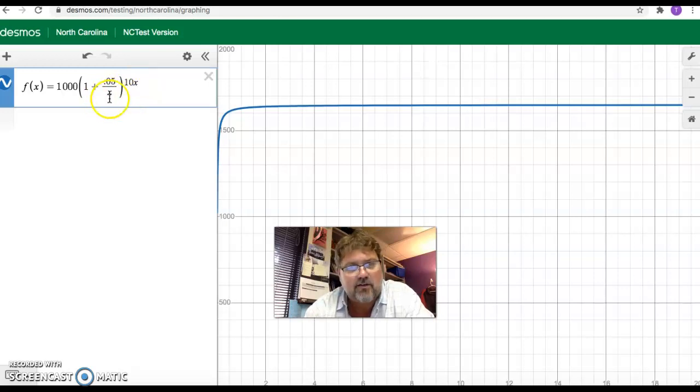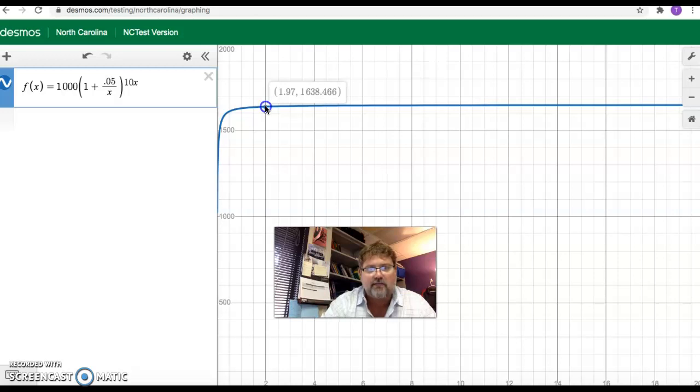The compounding terms. In other words, my variable is the number of times I'm compounding it. So I'm going to look at the amount as the compounding changes. So if I look at after 2 years, there's that 1638, right? And there's our x-axis down here. And this is if I compounded monthly. There's that 1647 we saw.